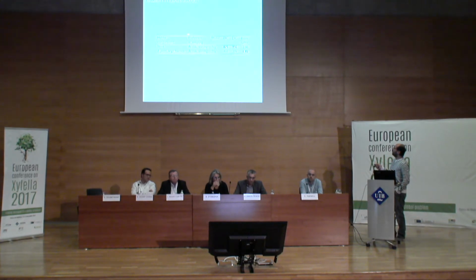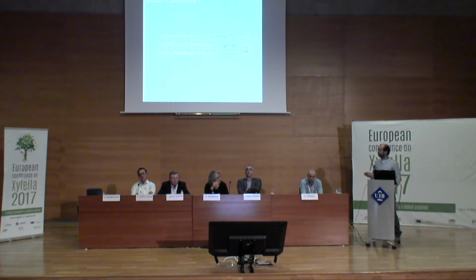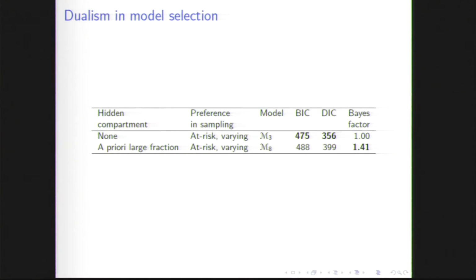In both models, the preference in sampling corresponds to the third option. So there is a preference in sampling at-risk hosts, and this preference is varying in time. But in the first model, there was no hidden compartment, whereas in the second model, there was a hidden compartment corresponding to, a priori, a large fraction of the host population.